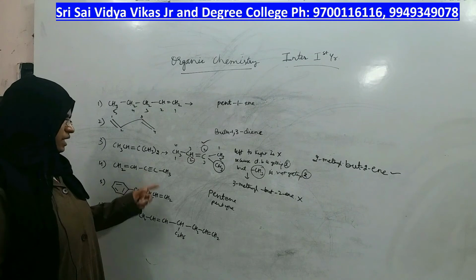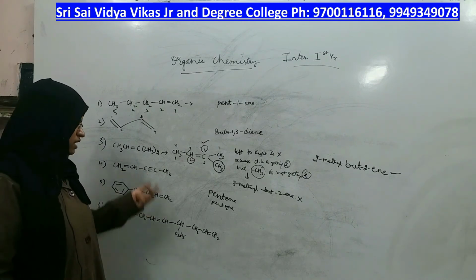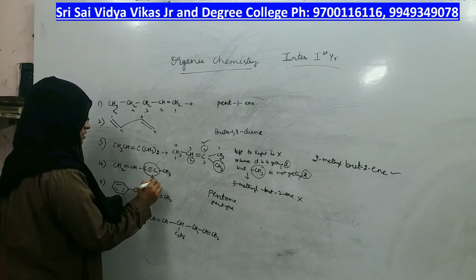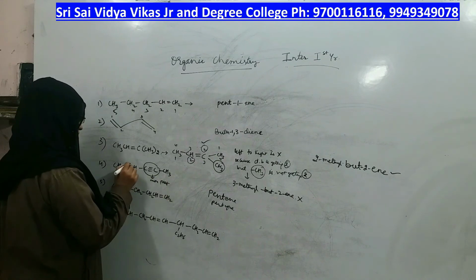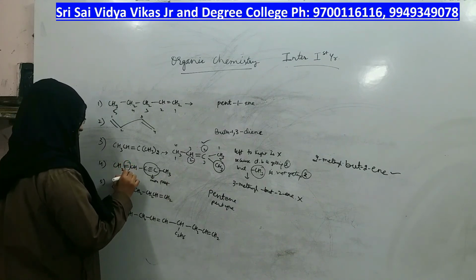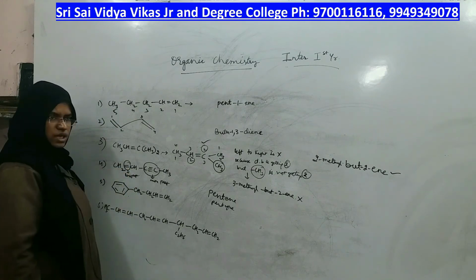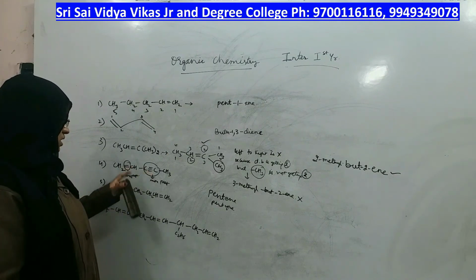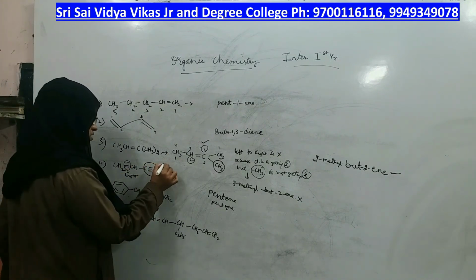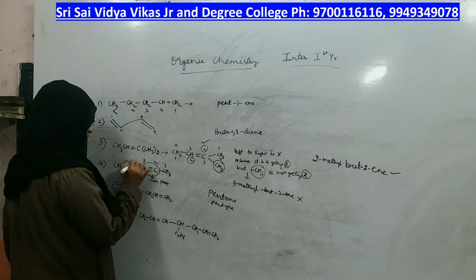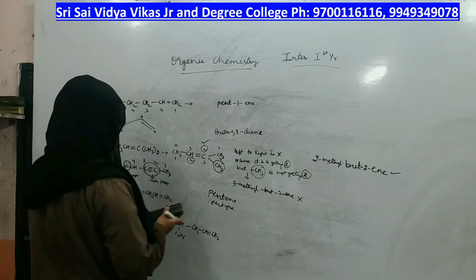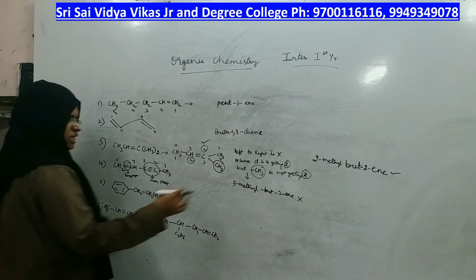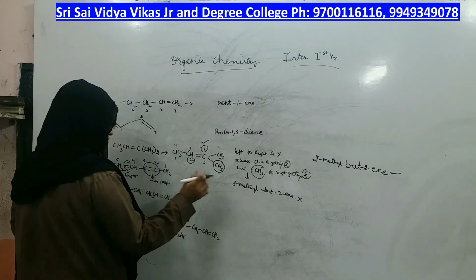So between ene and yne, one should be more preferred than the other. Who should be more preferred? The triple bond is more preferred and the double bond is less preferred, right? So you should give numbering so that the triple bond gets more preference and the double bond gets less preference. So from this side the numbering is correct. While giving the name also, the triple bond is more preferred in the end, and the double bond is less preferred before the triple bond.